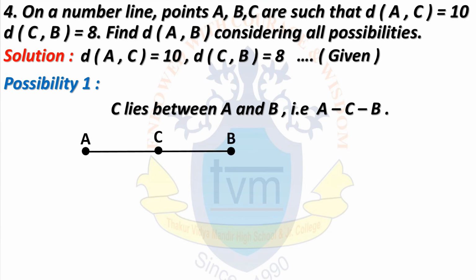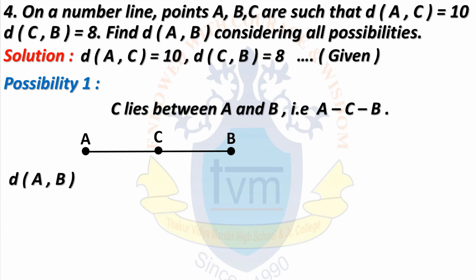So here we have a figure. Segment AC, right? Distance AC plus distance CB equals distance AB.